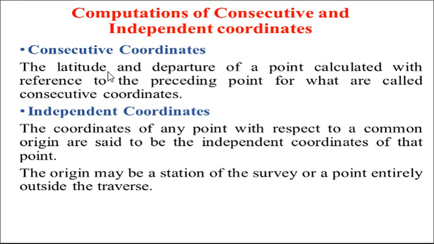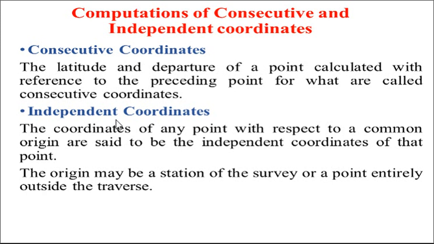For example, line AB has length L and bearing theta. Whatever latitude and departure we have calculated with respect to A for point B, those coordinates are called consecutive coordinates.